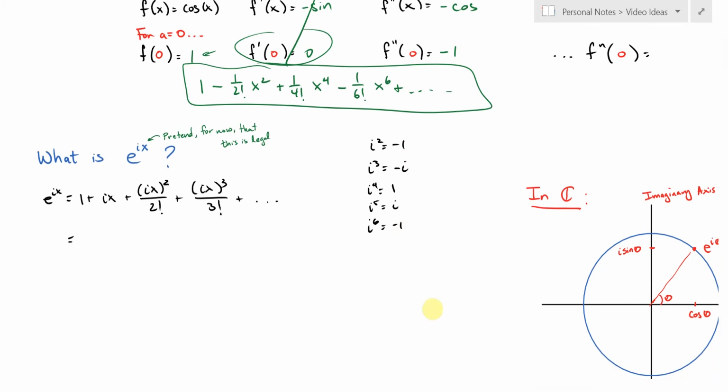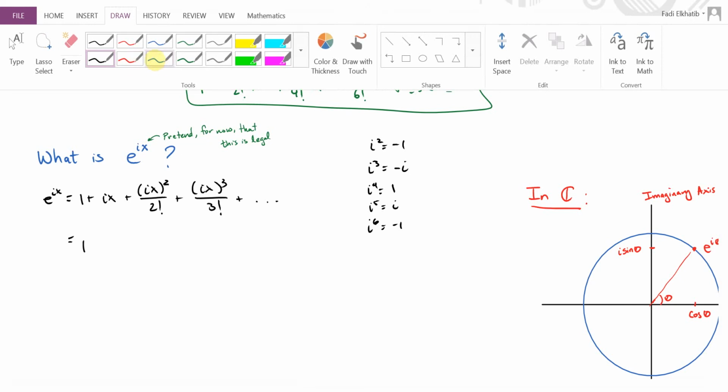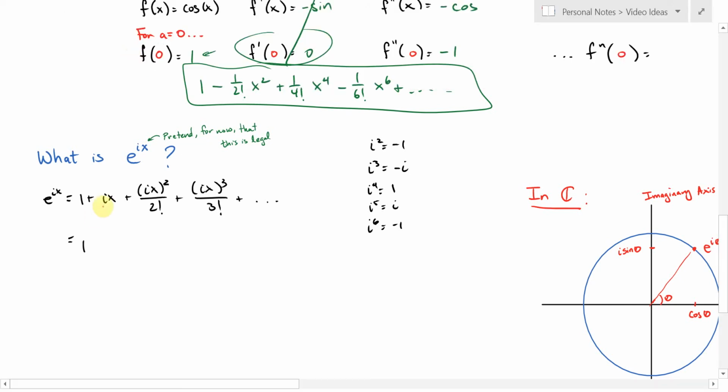So we have a 1 here, that's just a regular old 1, and I'm going to start writing in alternating colors here. So we have ix right there, and then we have this ix squared term. Well, i squared is equal to negative 1, so that's actually just negative x squared over 2 factorial.